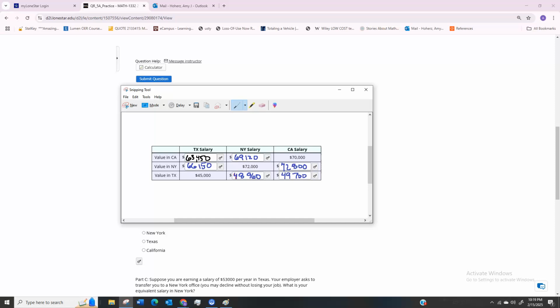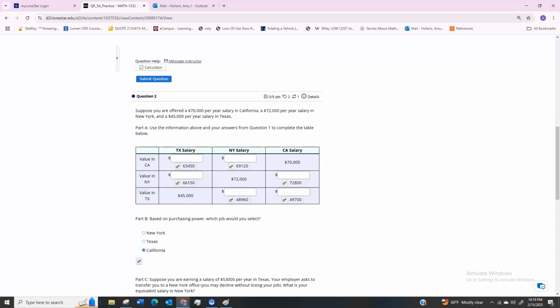So 45,000, 48,000, or 49,000. Well, 49,000 is the best, and that's coming from this California salary of 70,000. Remember, these two were computed from that number. So if you look at the straight up numbers, the California job is the one that's generating the highest values in comparison.